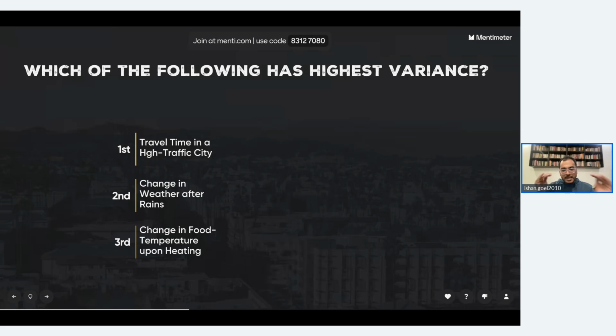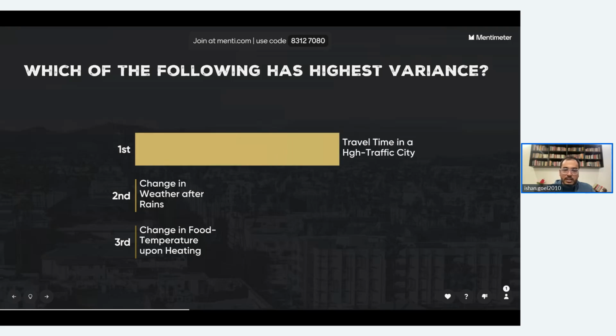Think about these three metrics: travel time in a high traffic city, change in temperature or coolness after rain, and change in food temperature upon heating. All three are metrics with some variance across different runs. So which one do you think has the highest variance?